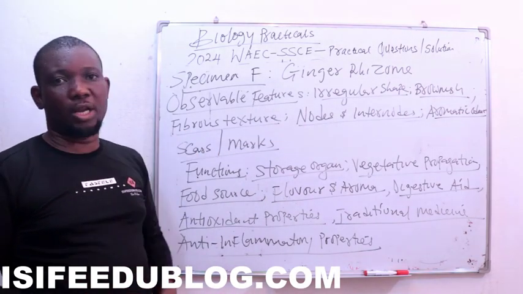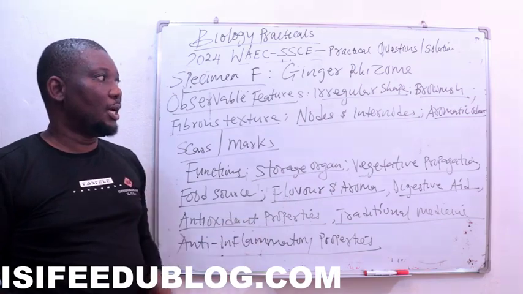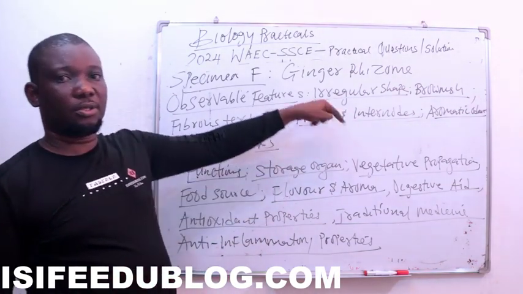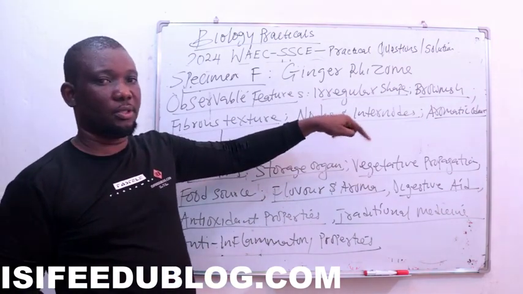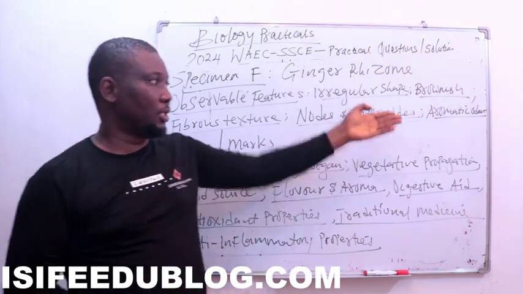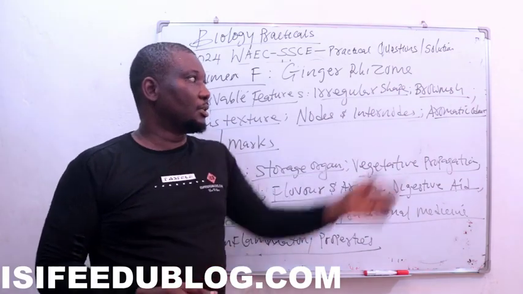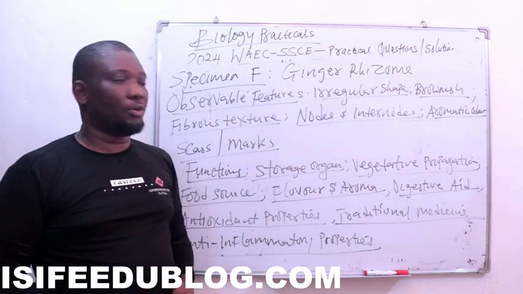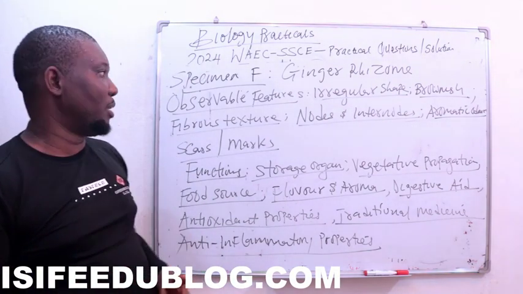Just as mentioned, irregular shape, you see nodes and internodes here and there. If you look at the video, you see the nodes and internodes. You also see that this ginger rhizome is aromatic. It gives its particular aromatic odor.